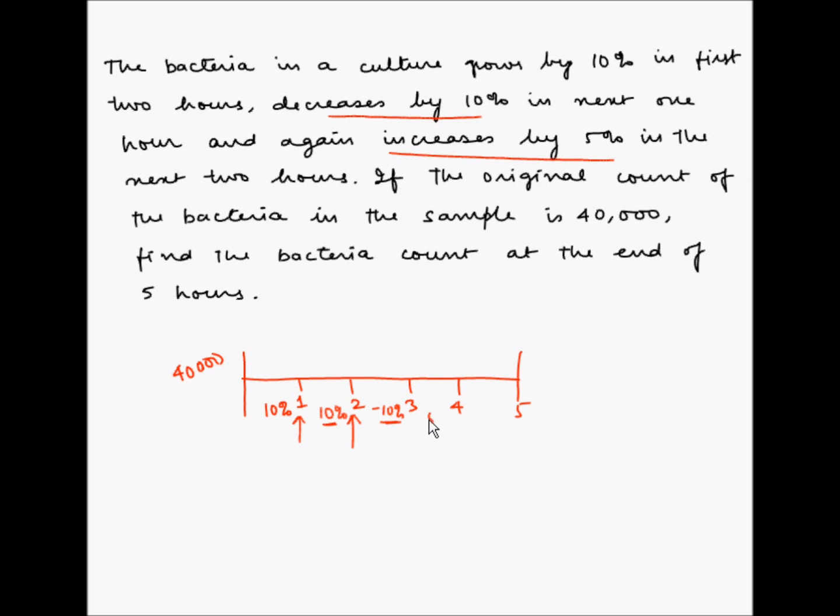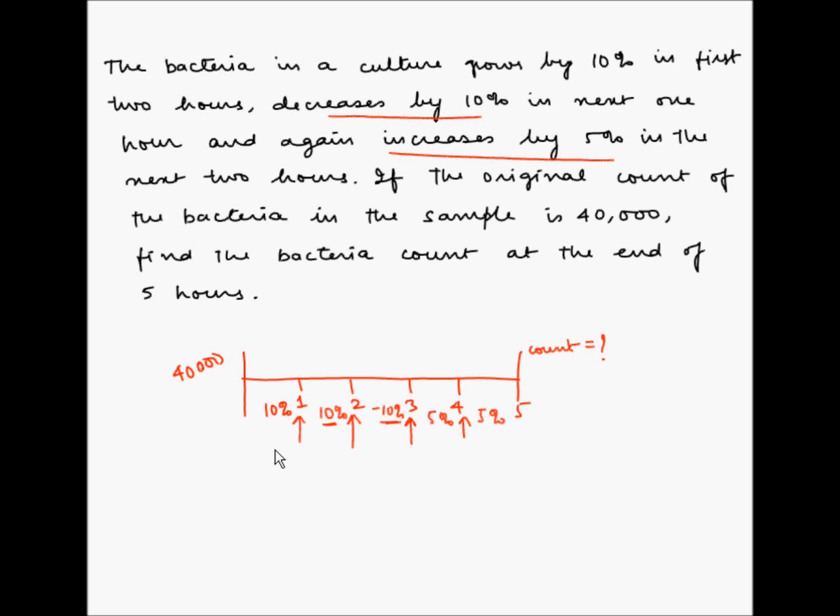So this is again 5% growth on the count available at the end of third hour and beginning of the fourth hour. And for the fifth hour also, the count is increasing by 5% on the count available at the end of fourth hour. Now we have to find out the count of bacteria at the end of 5 hours. So this count is how much?